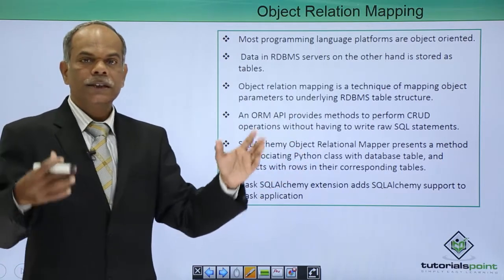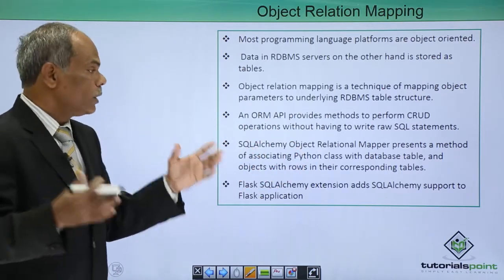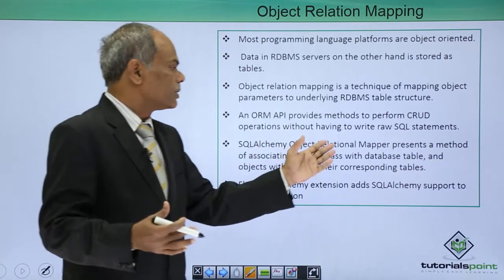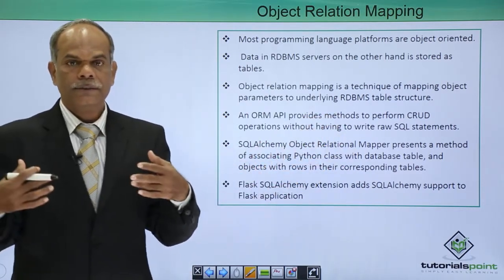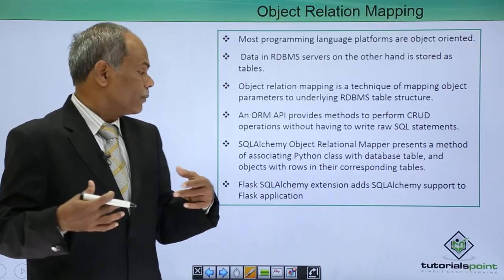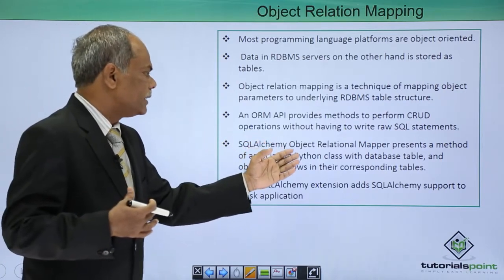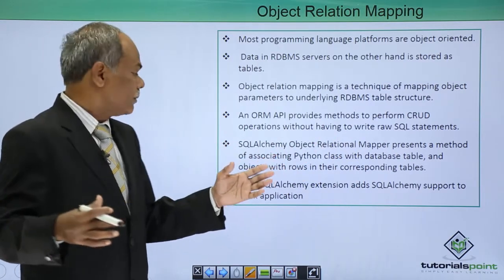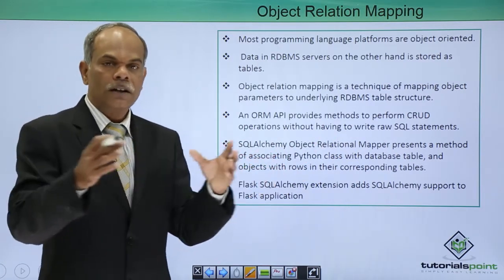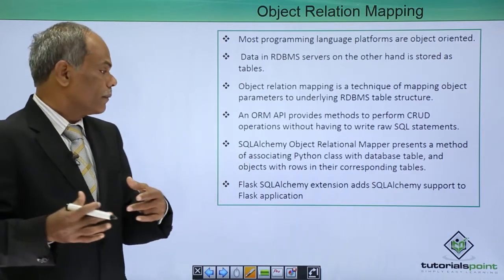SQL Alchemy is a very popular toolkit for object relation mapping for Python programs. It is an object relational mapper that presents all the mechanisms for Python related database handling.